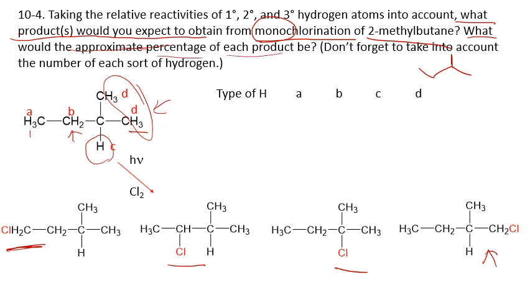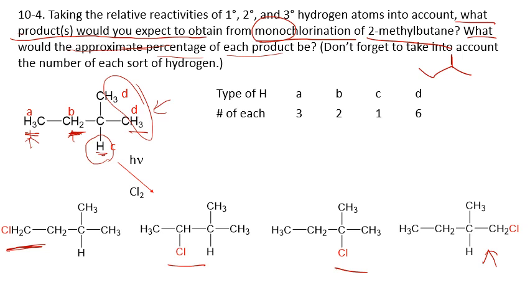In order to estimate the percentage of each product, we need to look at the reactants. How many hydrogens does each type have? For A, you have 3. For B, you have 2. For C, you have 1. For D, you have 6.